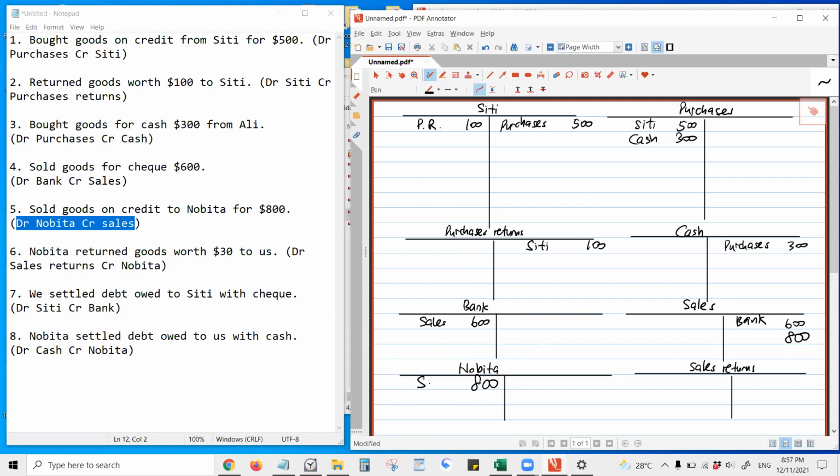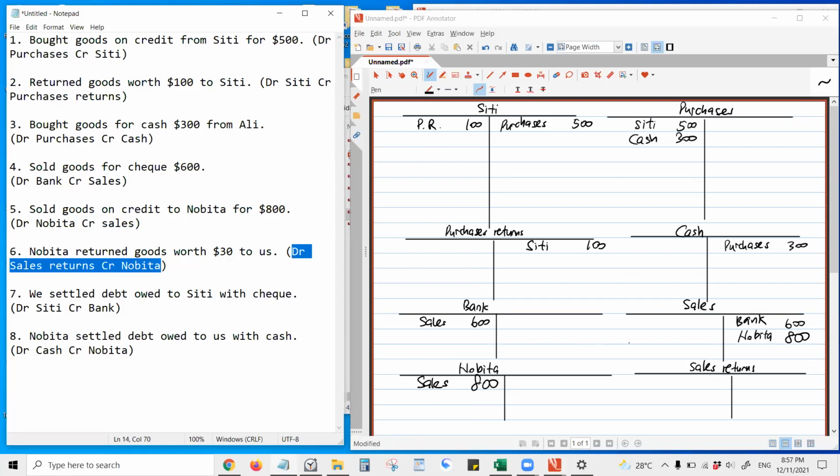Based on what I have learned, if you think that it's not consistent with what I told you earlier, then you tell me. Because there are many transactions here, it's very prone to making mistakes. Okay, debit Nobita, credit sales 800.